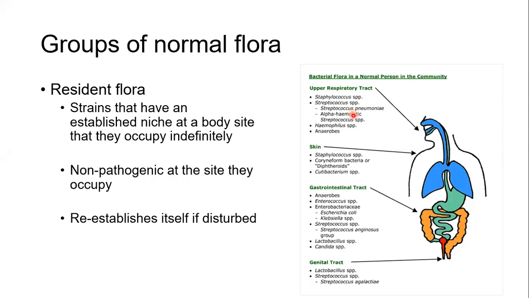So it differs by site. In the GIT as well, it differs from what's in the esophagus, from what's in the stomach, from what's in the different parts of small intestines and in the large intestines. And then we have, of course, the genital tract. So we'll go again step by step on that.